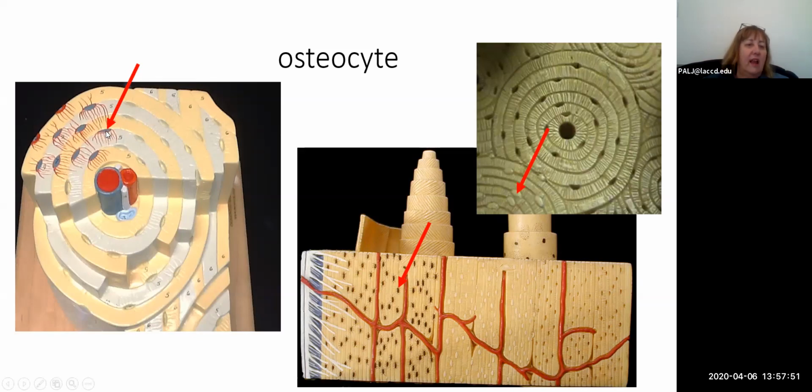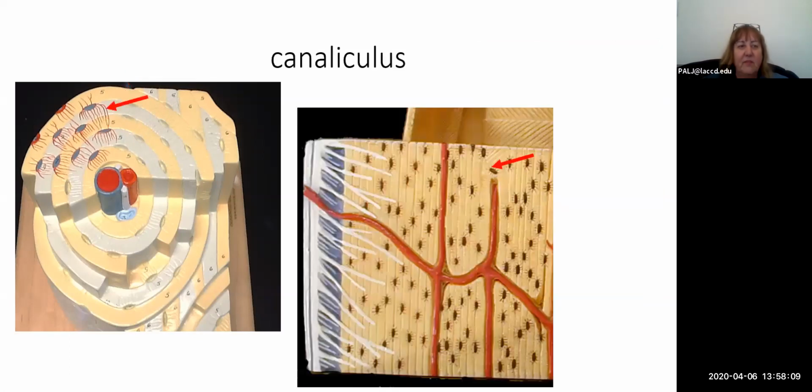On the far left, what we have going on is this black area, this dark blue, that is the cell here. Here was the empty lacuna, and the blue is indicating that there's a cell in the lacuna.